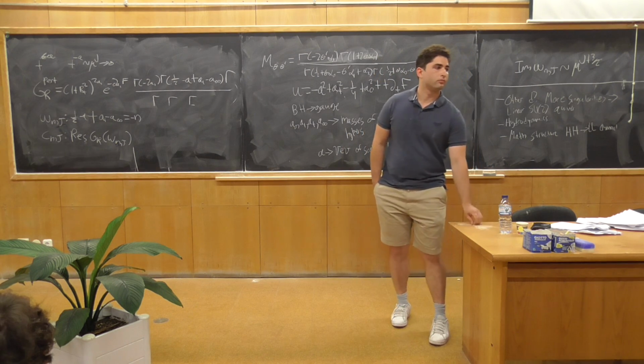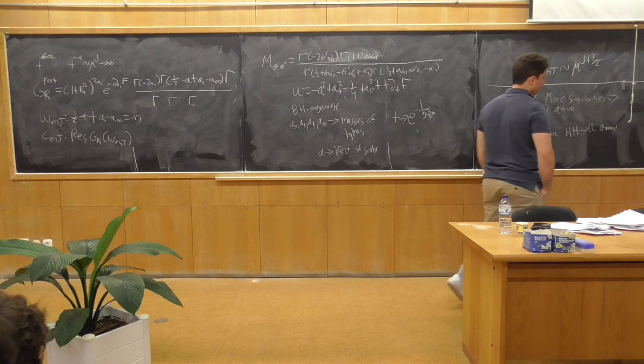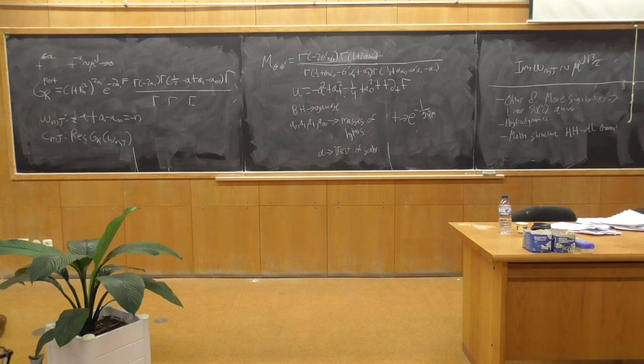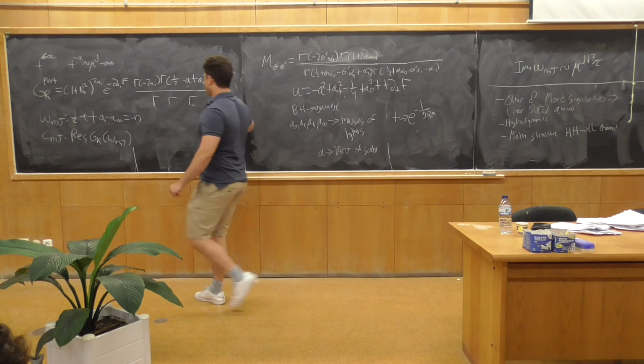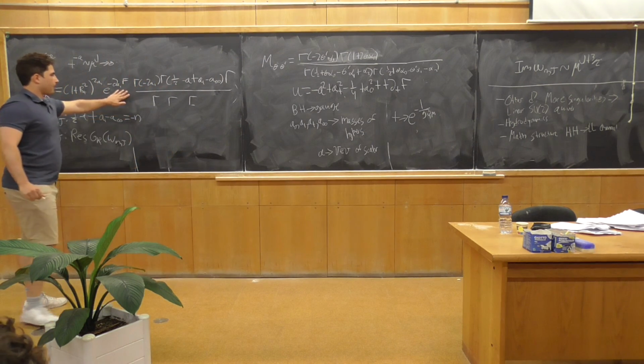So if I understand correctly, part of the motivation to study this was to see if there was some universal sector in higher dimensional CFTs associated with the stress tensor. Yes, exactly.